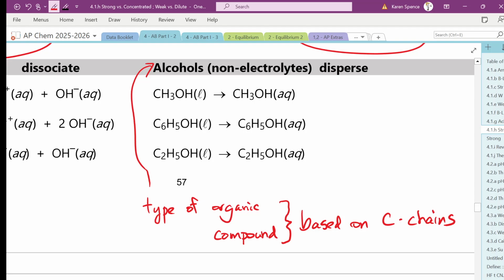So you might have CH3OH. That's a liquid. If you dissolve it in water, it disperses. It does not dissociate. Yes?